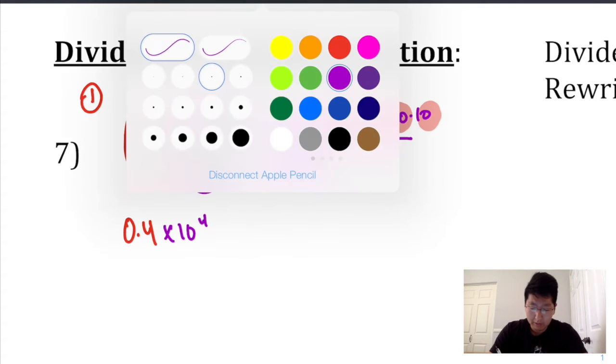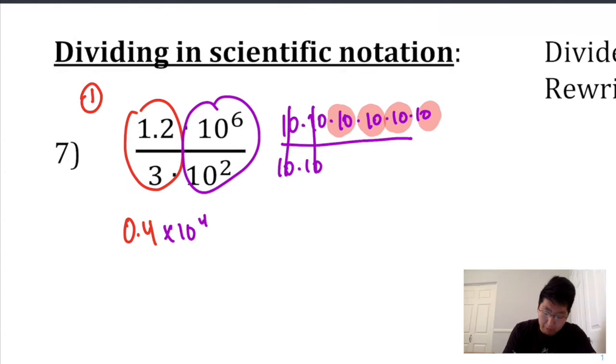And if we look, we need to rewrite 0.4 as 4 times 10 to the negative 1. Notice that it's a negative 1 because 0.4 is less than 1. So you know that the exponent is going to be negative. And it has to move over 1. Remember, there just needs to be 1 digit to the left.